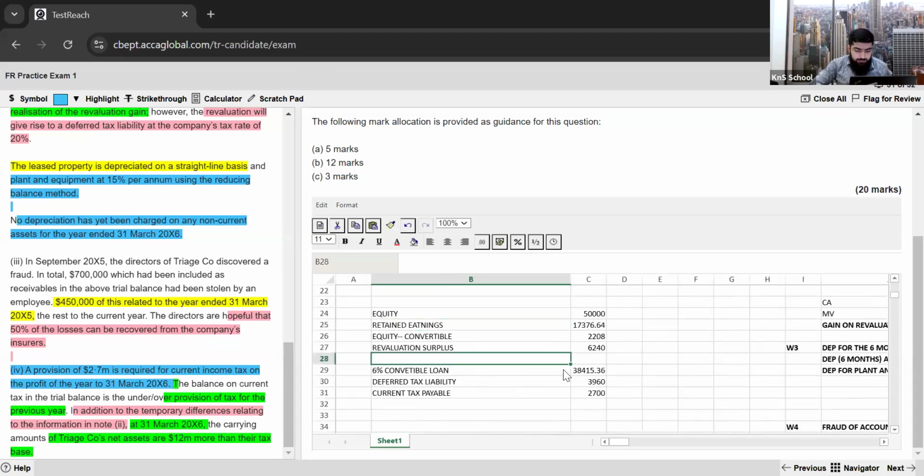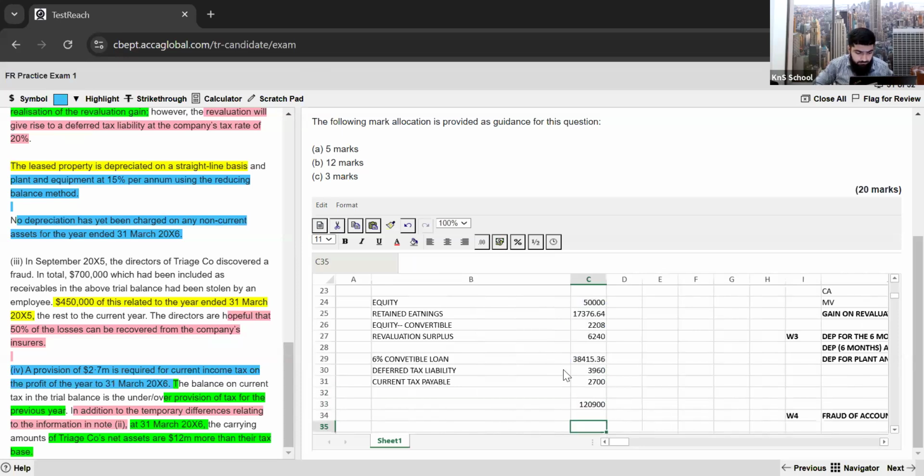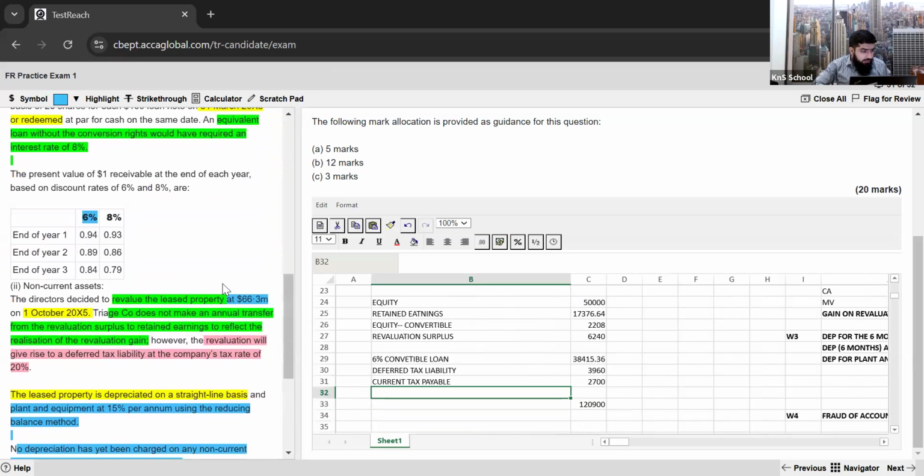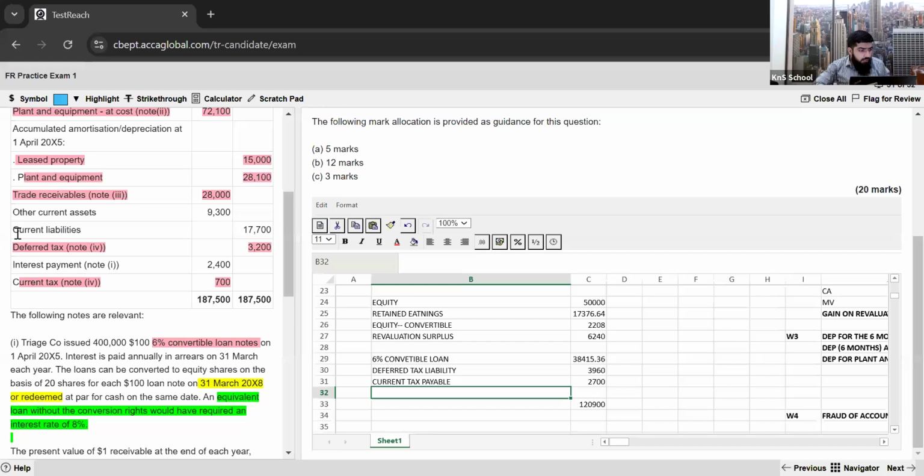Now let's total it. We are going to sum the complete balance sheet, from the equity till the liability. I think we haven't recorded the current liabilities for the year. Yes, here we go. The current liabilities is 17,700.